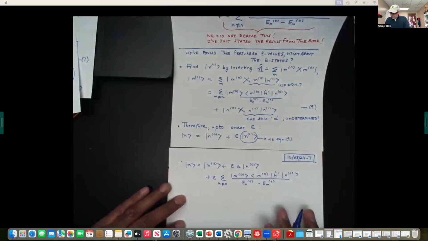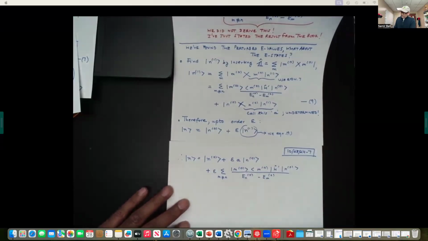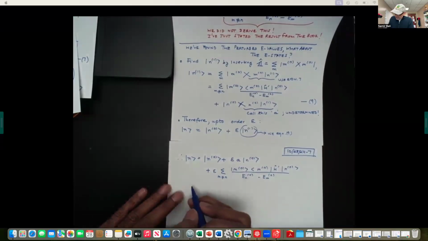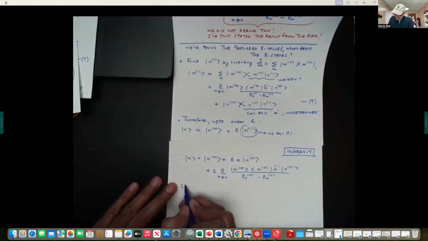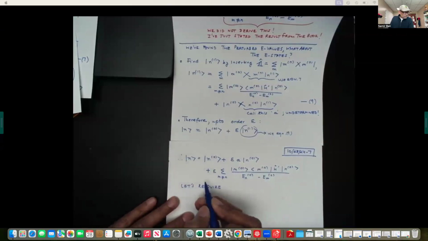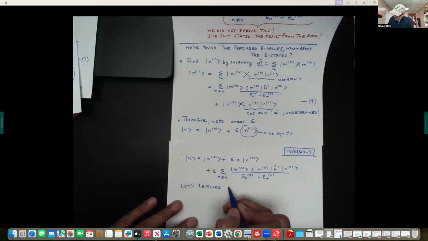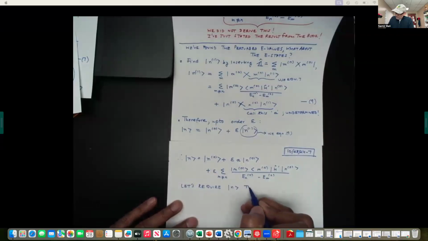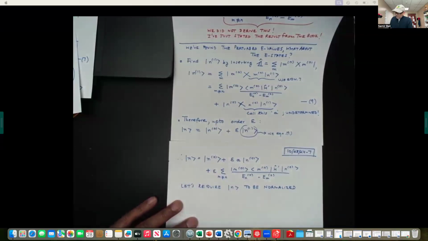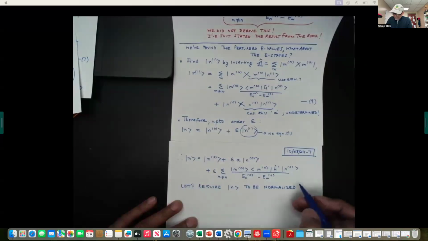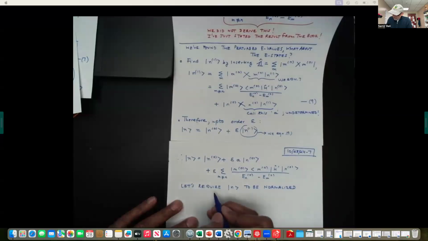Now, there's one last interesting manipulation. Let's require this new perturbed n to be normalized, because the normalization gets affected when you add a perturbed part to it. The unperturbed was normalized, but now let's require this new state to be normalized, at least up to order epsilon.